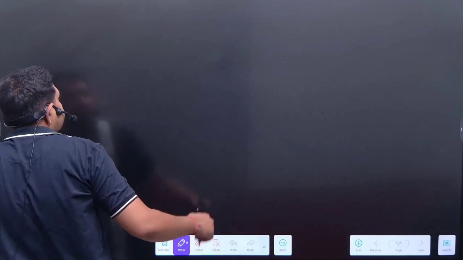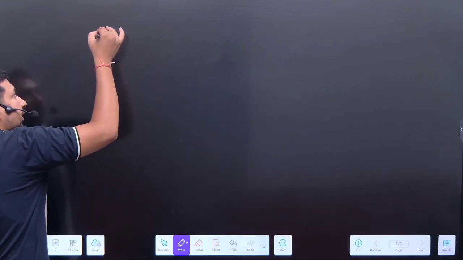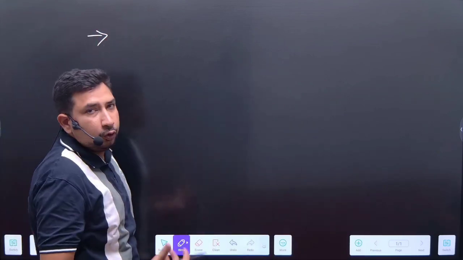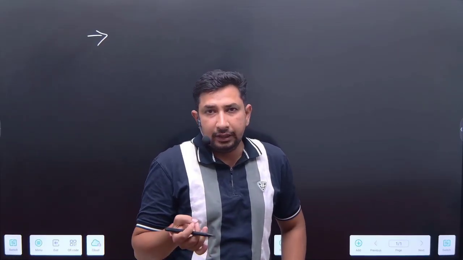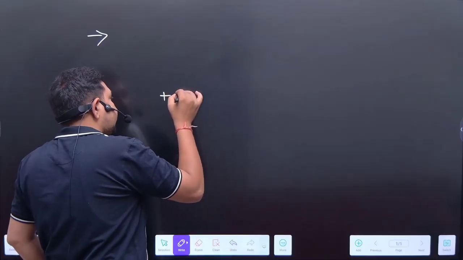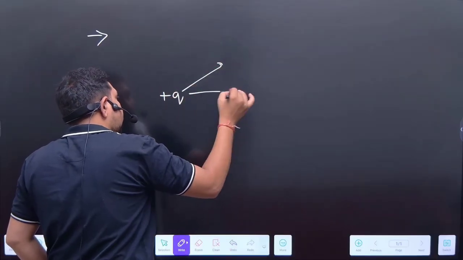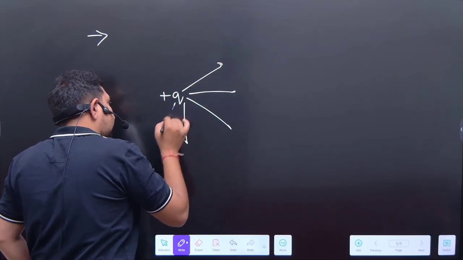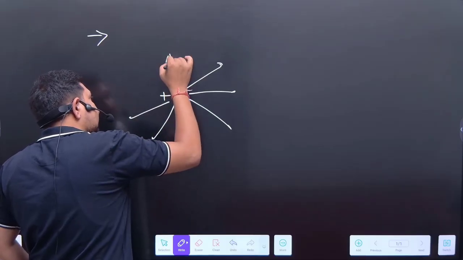So basically, there are a few things that you need to know before knowing the Gauss theorem. First of all is the flux. You have to know what flux is. We know that if there is some charge, that charge would be producing some electrical field like this.